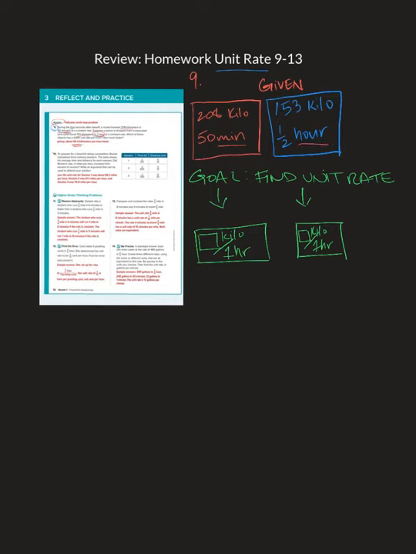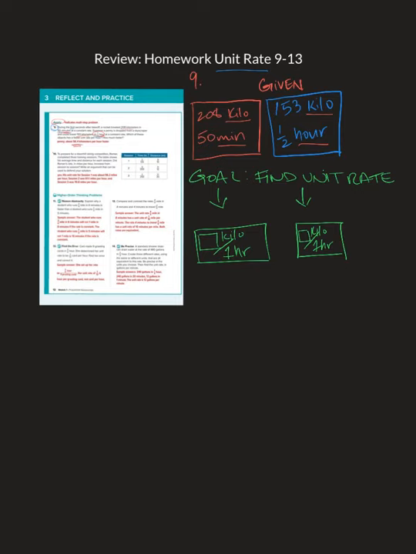So in order to solve this, we need the same quantity. So for example, we have kilo and we have kilo. So it's easier to explain everything per hour instead of per minute, okay? So the goal is to get 50 minutes to 1 hour and 1/2 hour to 1 hour. So we need to work our math to make that happen.